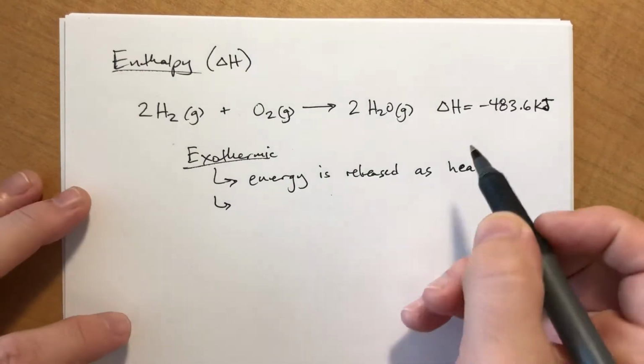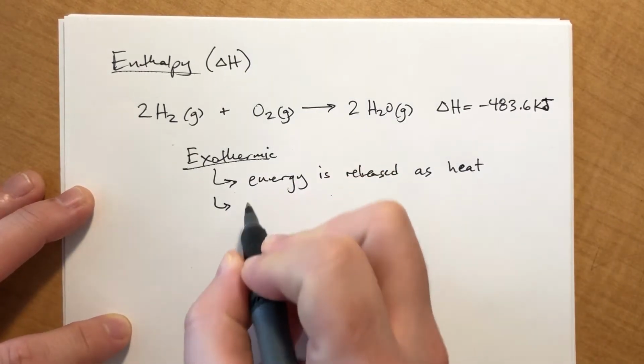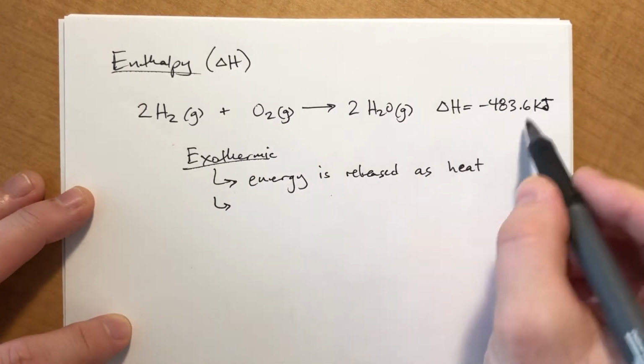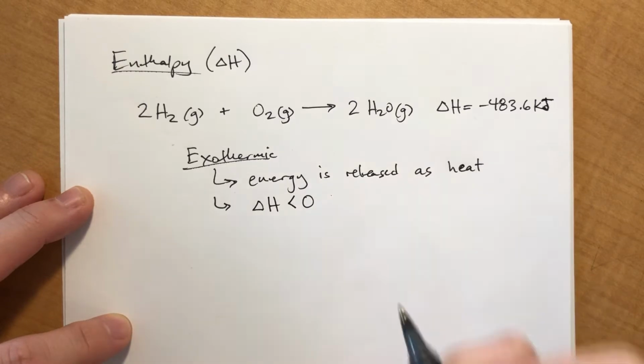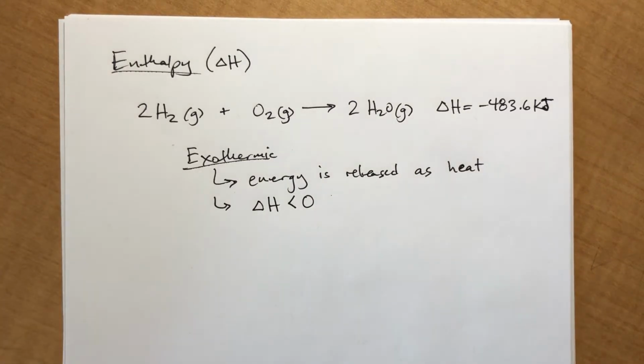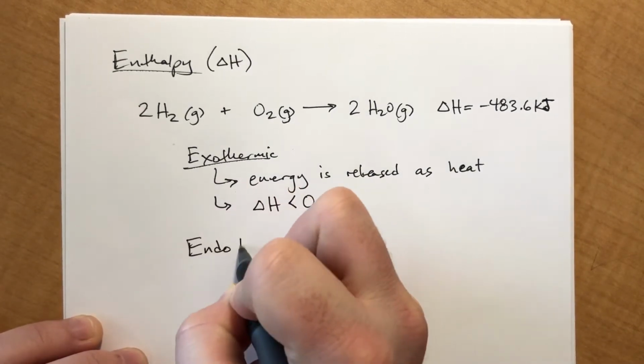Okay. And somebody by default decided a long time ago that this means that delta H is going to be negative for exothermic reactions. All this means is that it is losing heat. Okay. Endothermic is the opposite.